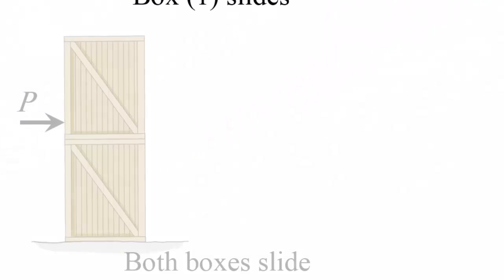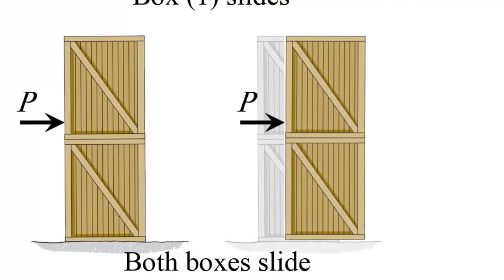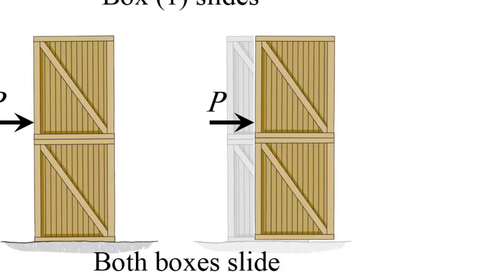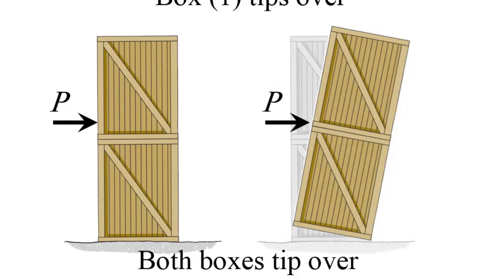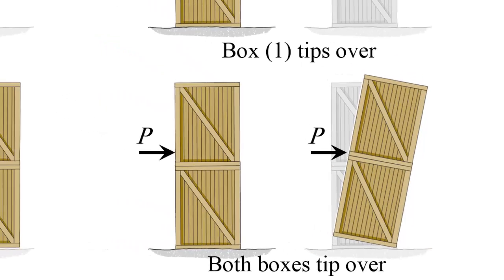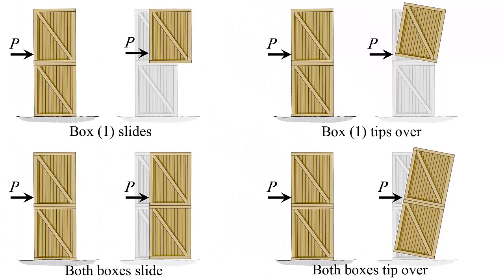Now the third possibility is the two boxes slide. And finally the fourth, both boxes tip over. So we have 4 problems to work with. That's why it's a little bit challenging. But again, take it step by step, slowly, and we should be able to do them.